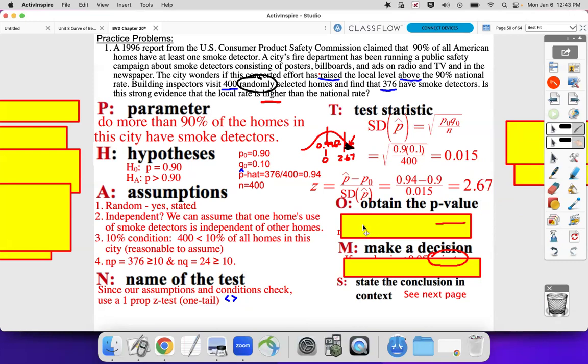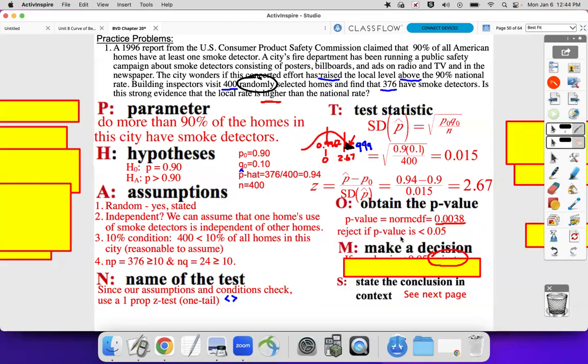Is it statistically significant? Well, let's find the p-value. My calculator doesn't work, but you have to go to normal CDF and use your lower bound of the z-score 2.67. Your upper bound will be 999 because we always go to infinity, but they don't have a button. And your mean for a z-score is 0 and your standard deviation is 1.